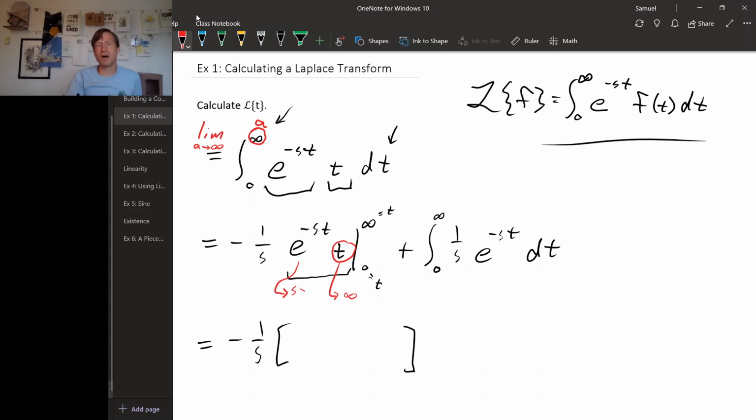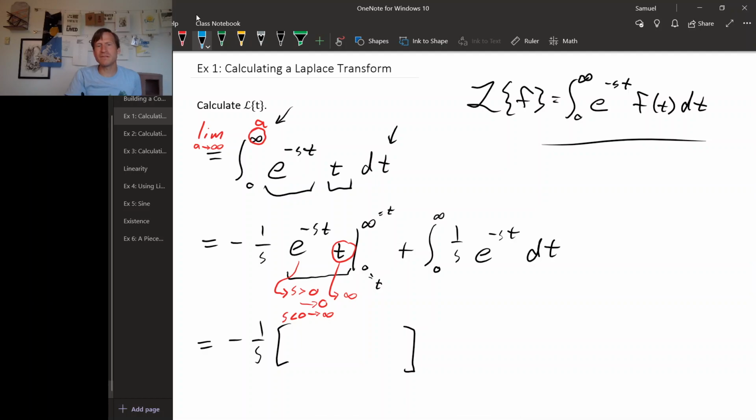If s is positive, then we are getting e to a negative exponent tending towards negative infinity, and so this part will go to 0. But if s is negative, then we have e to a negative times negative, which is positive, so as t goes to positive infinity, this exponential would be going to e to the positive infinity, and that's positive infinity.